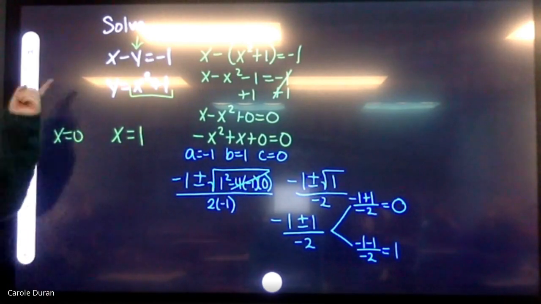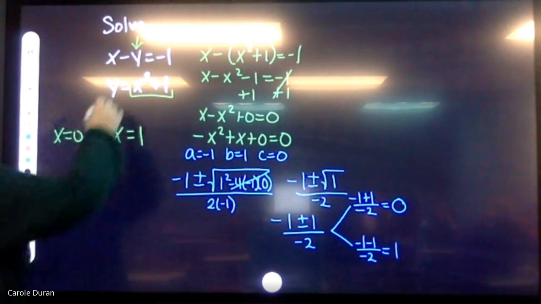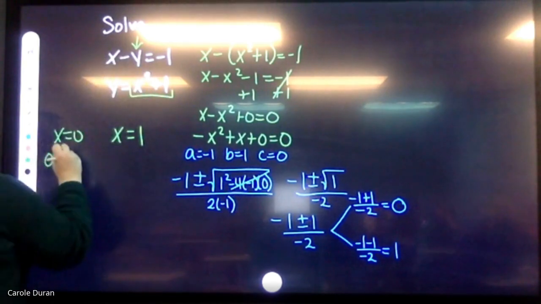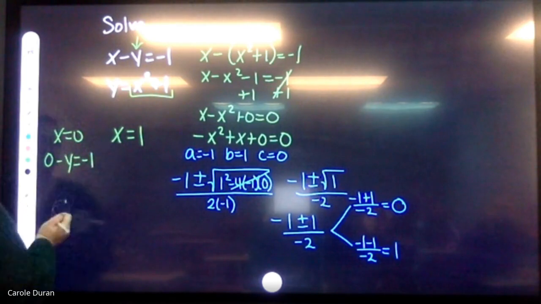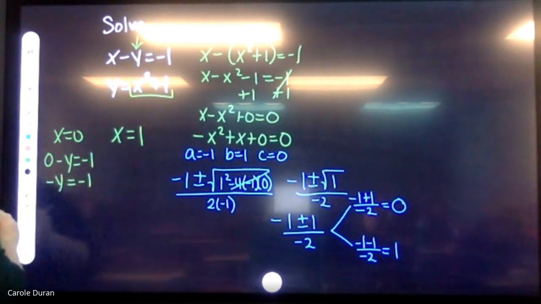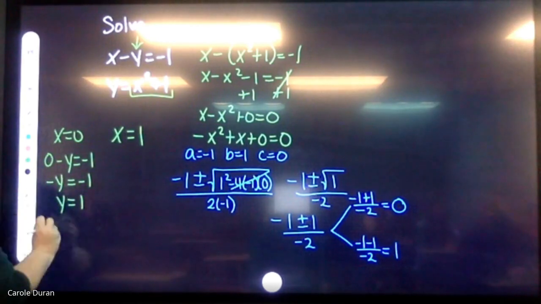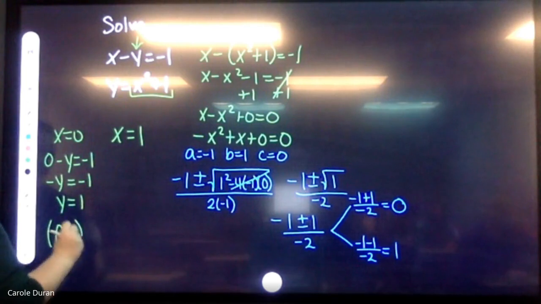So I'm going to go ahead and plug them into the top equation because I like to go for the simplest one. So I plug in 0 for x and I get 0 minus y equals -1. That's just -y equals -1. I can divide each side by -1 and I get y equals 1. So my first solution point is 0, 1.